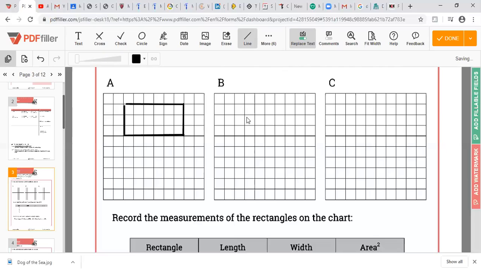So there's one. Draw another one. And you can draw your rectangles any way you like them when it's your turn. That's my second one. That one.